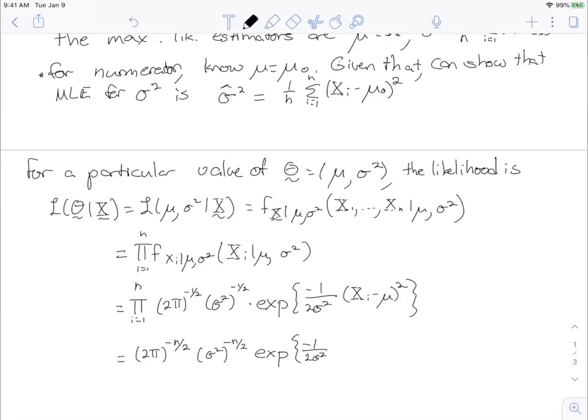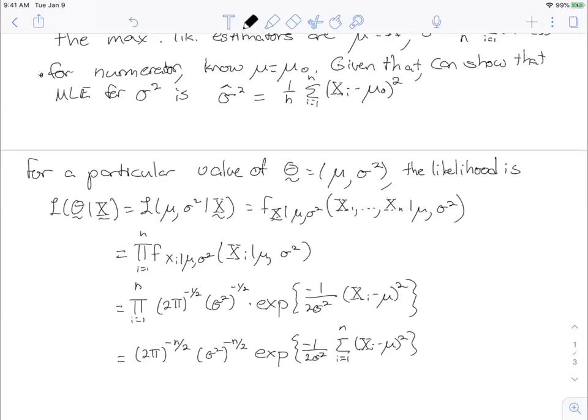And then I've got a product of exponentials, so there was a sum of these exponents, and then I factored out a negative 1 over 2 sigma squared. So I've got a sum i equals 1 to n of xi minus mu squared in here.